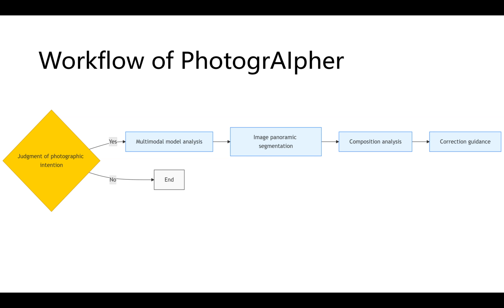So how do we achieve our goals? Well, we achieve that by the following workflow. First we need to judge the intention of the user, like if the user really wants to take some good photos.